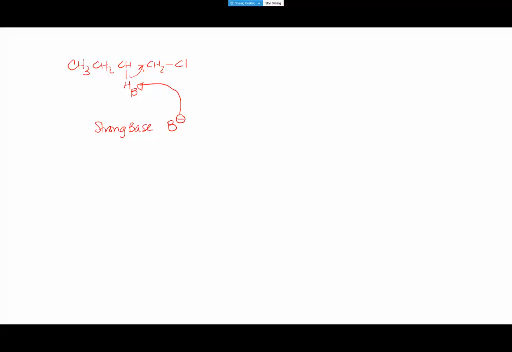And if I form a double bond between the CH and the CH2, what's going to have to happen to the CH2? It's going to have to lose the chlorine, or else I'm going to get stuck with 5 bonds. So now I'm going to take a base, remove the beta hydrogen, have the pair of electrons move to form the double bond, and have the leaving group leave, all in one concerted step.